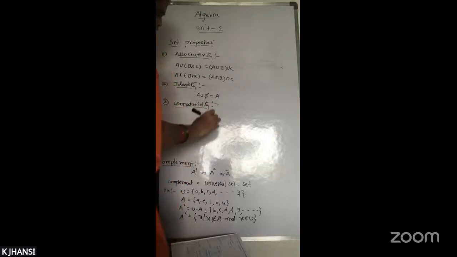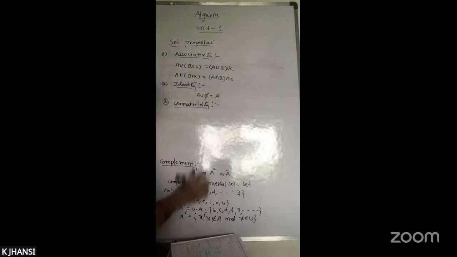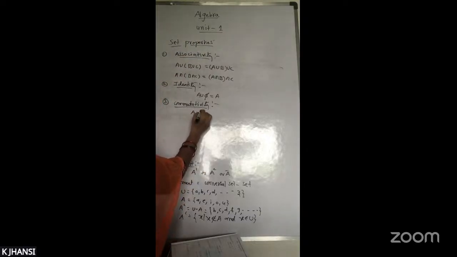You have seen the commutative property in 10th standard: A union B is equal to B union A, or A intersection B is equal to B intersection A.